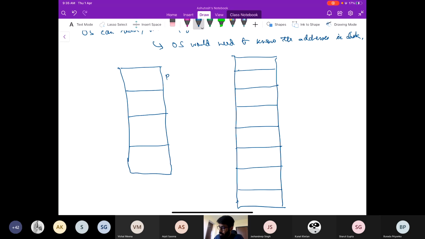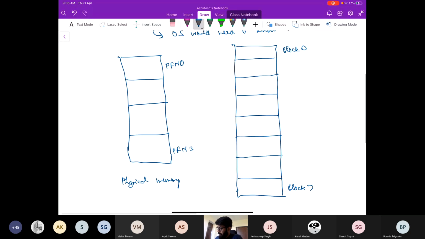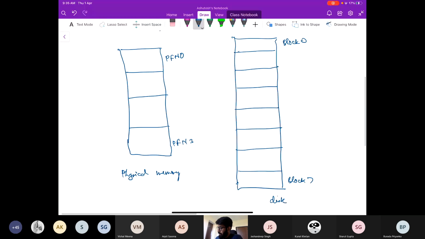So suppose this was physical frame number 0 to physical frame number 3, and this is block 0 to block 7 in the, so this is physical space, the physical memory, and this is the disk.